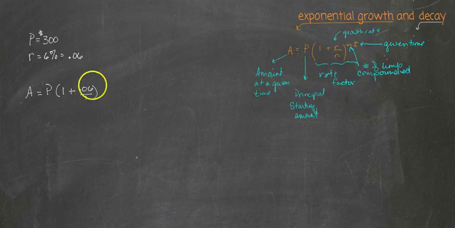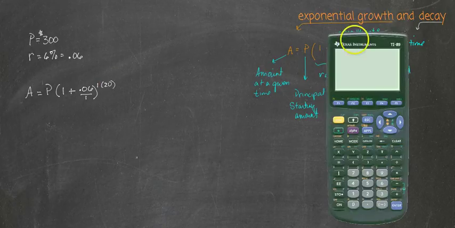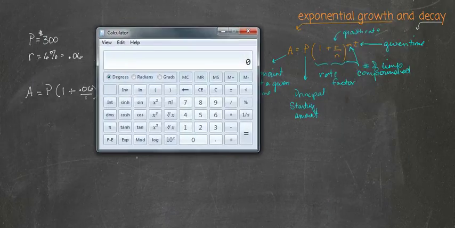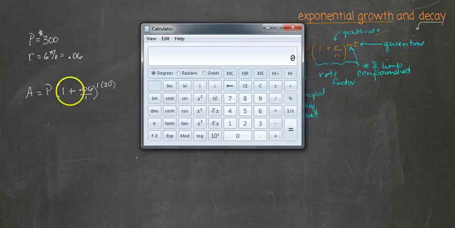Compounding once, times n, again 1, over t, which is 20. So if I stick this in my calculator, I have 1 plus 0.06, which is 1.06. I'm going to raise this to the 20th power, right?